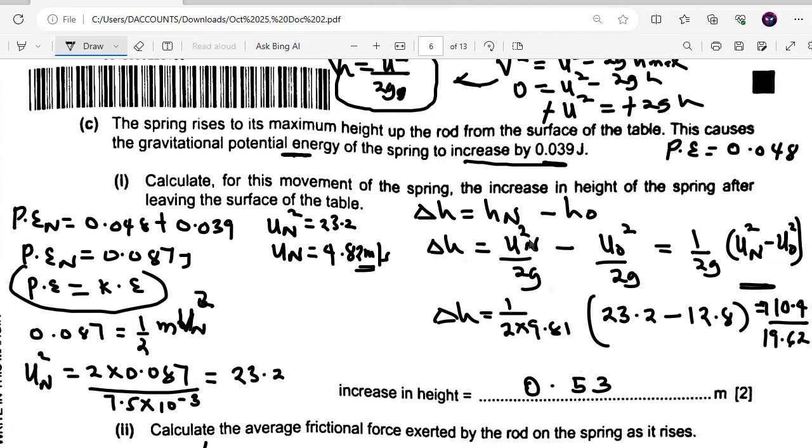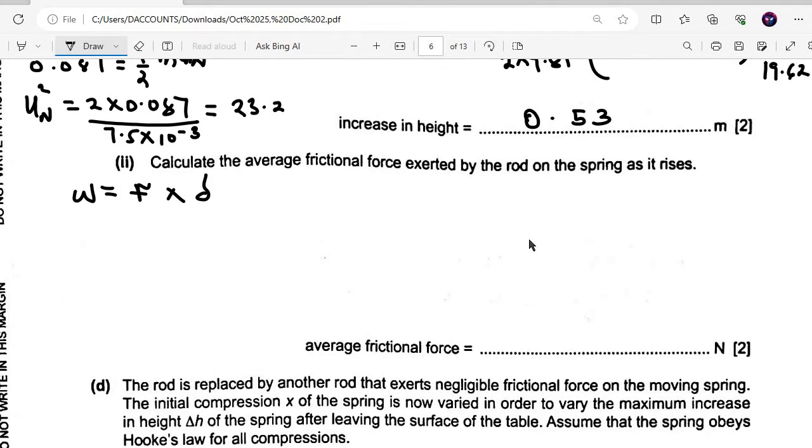It increases by this. When you subtract 0.087 minus 0.048, it gives you 0.039. Now, this is the work done against the frictional force. As it rises, the distance is 0.53.